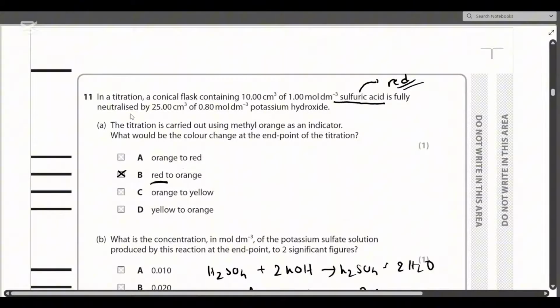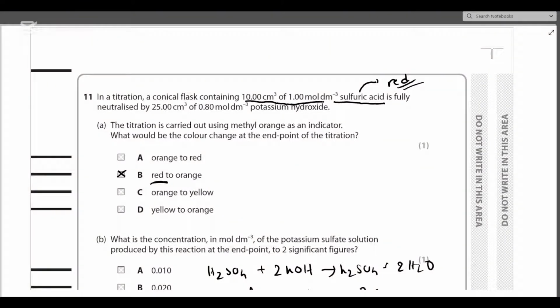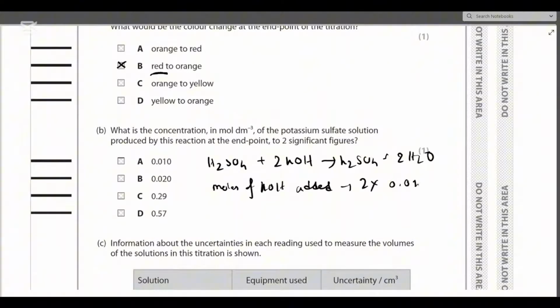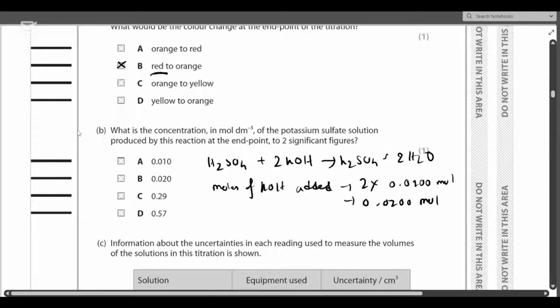You can find the moles of H2SO4 as the concentration and the volume are provided, which is about 0.0100 mole. So you can just write 2 times 0.0100 mole, and you get about 0.0200 mole. So now you know the moles of KOH added. Now you can find the moles of K2SO4, since the ratio of H2SO4 to K2SO4 is 1:1.